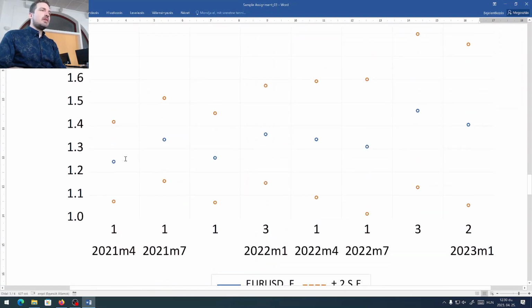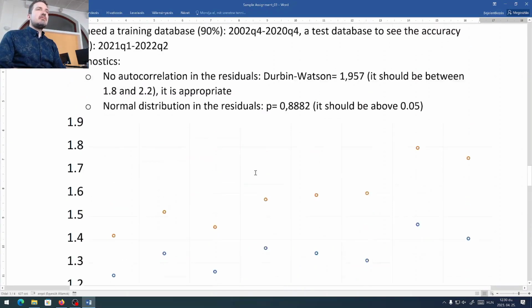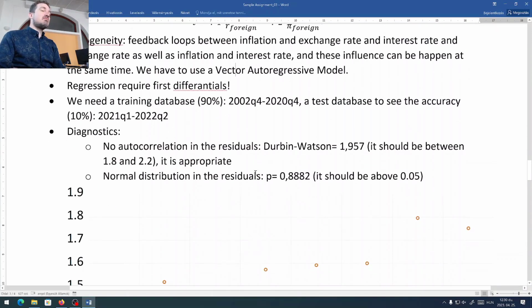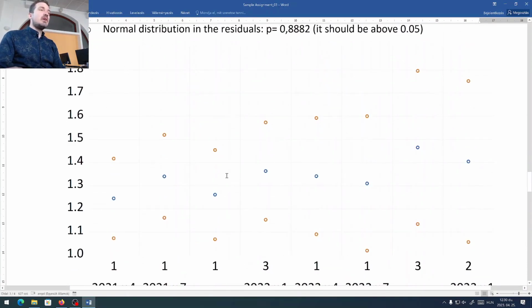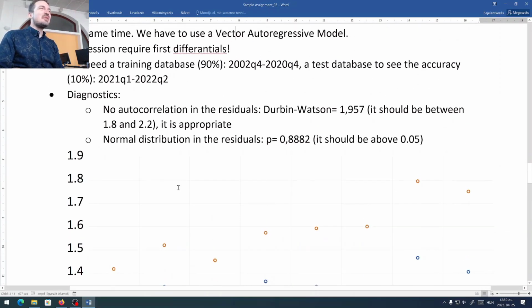So if you want to work at a central bank or anywhere in the financial system, or at a company where you have to manage foreign exchange risk, you can run these relatively simple models. This one is much more like a master or PhD level model, so you don't have to be afraid if you don't know anything about this.